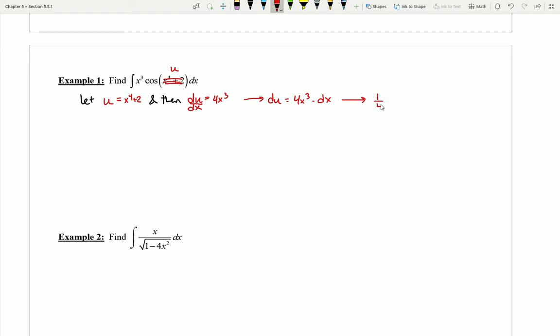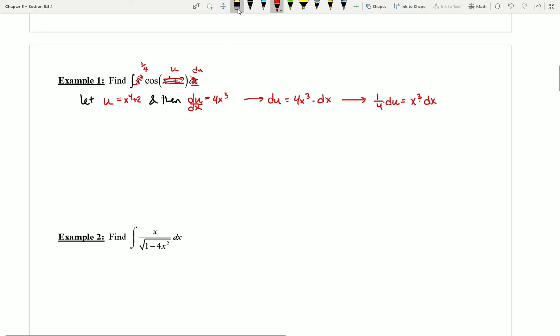If I divided both sides by 4, I could state that x to the third times a dx is equivalent to a 1/4 times a du. And notice I do have an x to the third times a dx that could be replaced with a du and a 1/4.